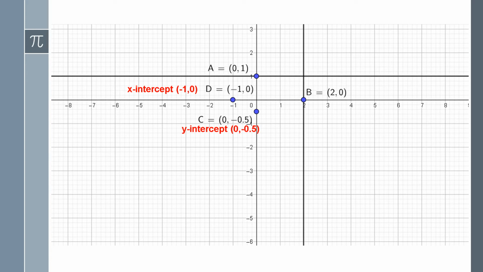And then sa y-intercept naman, wala tayong x-coordinate dito, so we will plot the point within the negative side of the y-axis. Yung y-coordinate natin dito ay negative 0.5. But we can plot this point sa pagitan ng 0 and negative 1. So kapag hindi whole number yung coordinate natin, pwede naman nating i-estimate kung saan natin ipa-plot yung point natin.